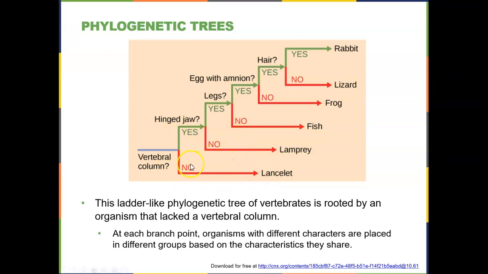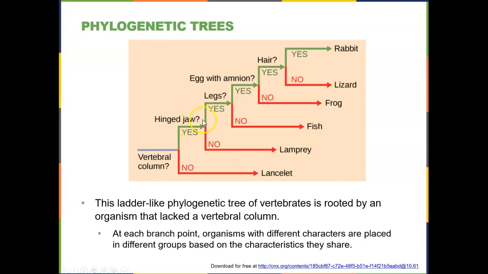So when we start to look at the animal kingdom, we branch into invertebrates and vertebrates. As we start going down the vertebrate phylogenetic tree, one of our first questions is, do the organisms have a hinged jaw? No, then we see that we have this group. Yes, we go on to the fishes.